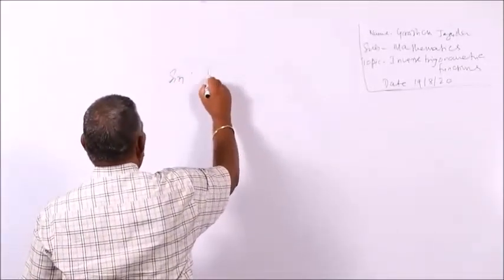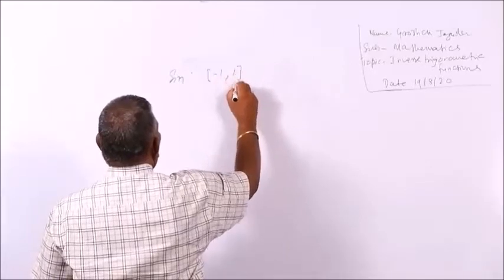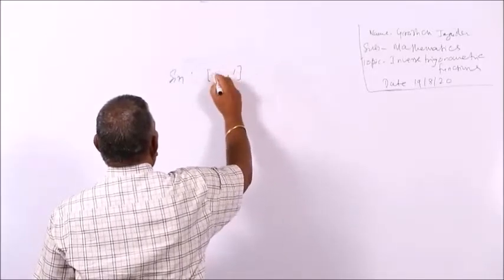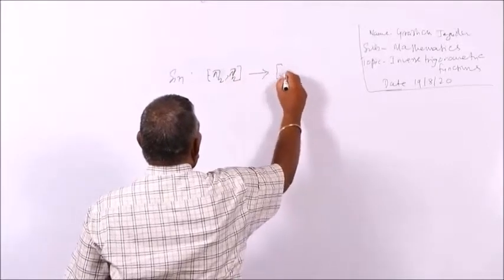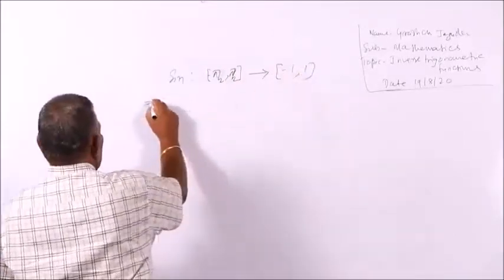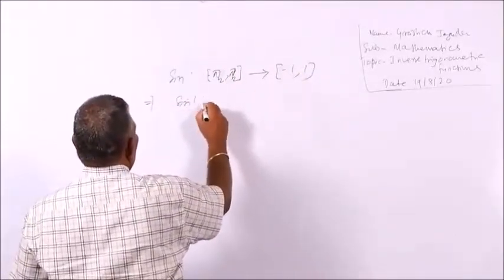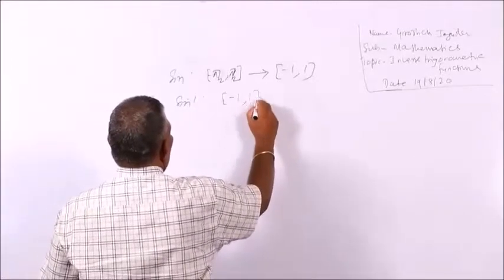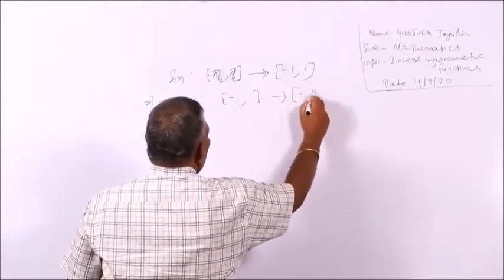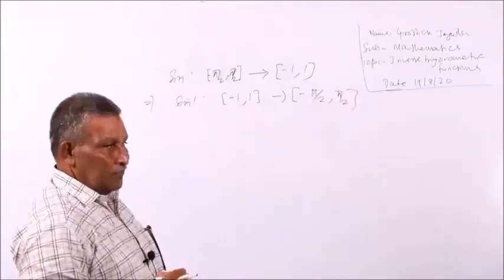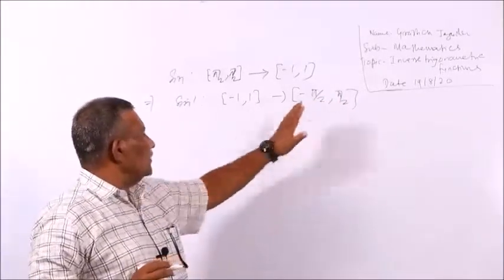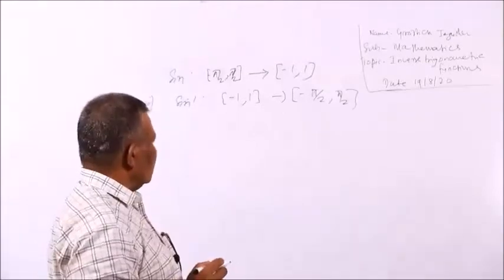So for the existence of the inverse function of sin x, we take sin from -π/2 to +π/2 onto -1 to 1. That implies sin inverse will be a function from -1 to 1 to -π/2 to +π/2. The values of sin inverse will lie in this interval -π/2 to +π/2.